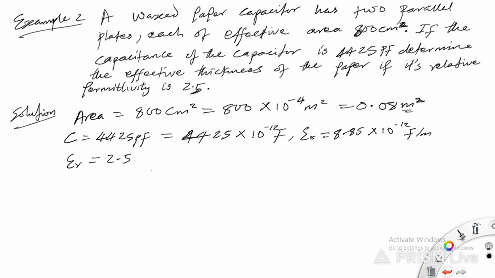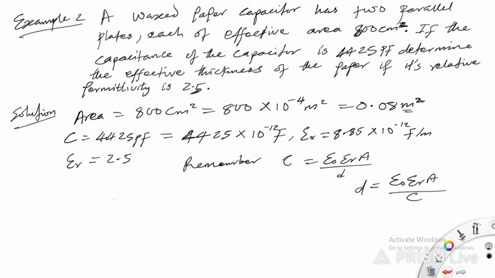Having known that, let's remember that C is equal to E naught ER A all over D. So we are looking for the effective thickness of the dielectric, which means we'll make D the subject. So D now is equal to E naught ER A all over C.